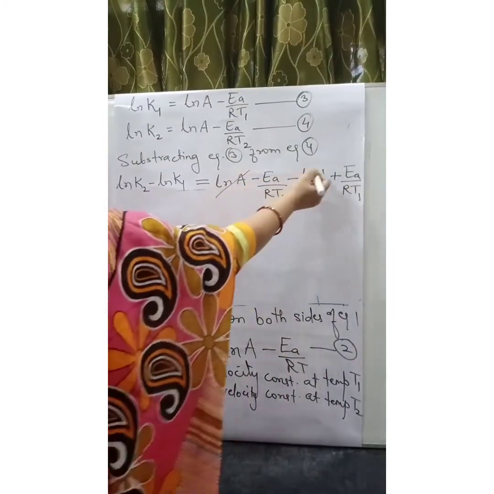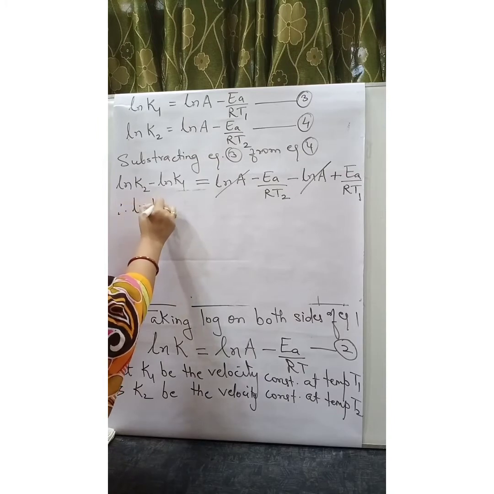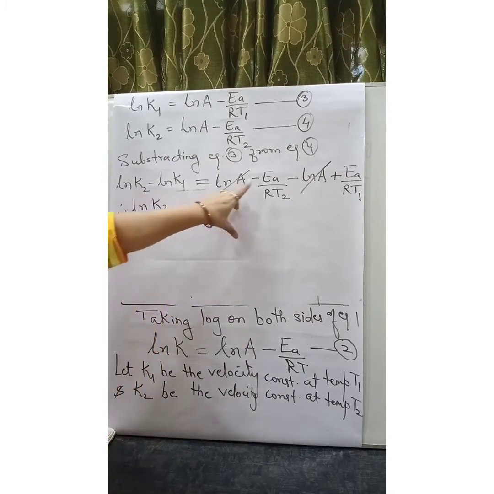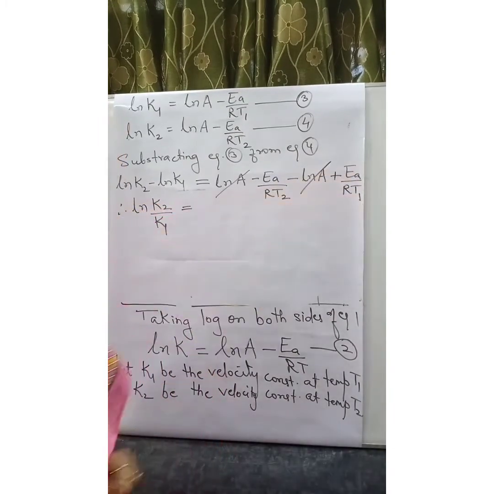Now this positive and negative quantity gets cancelled. ln k2 upon k1 is equal to minus Ea upon RT2 and plus Ea upon RT1.